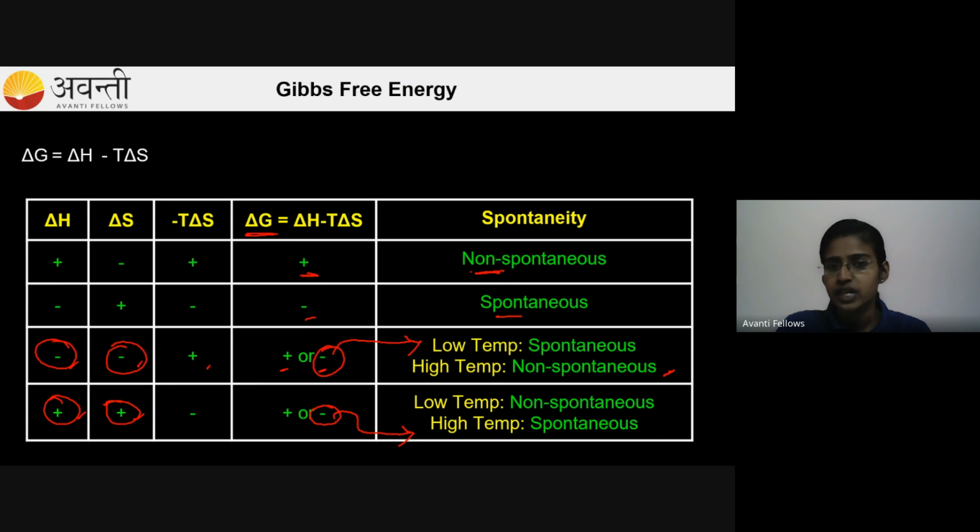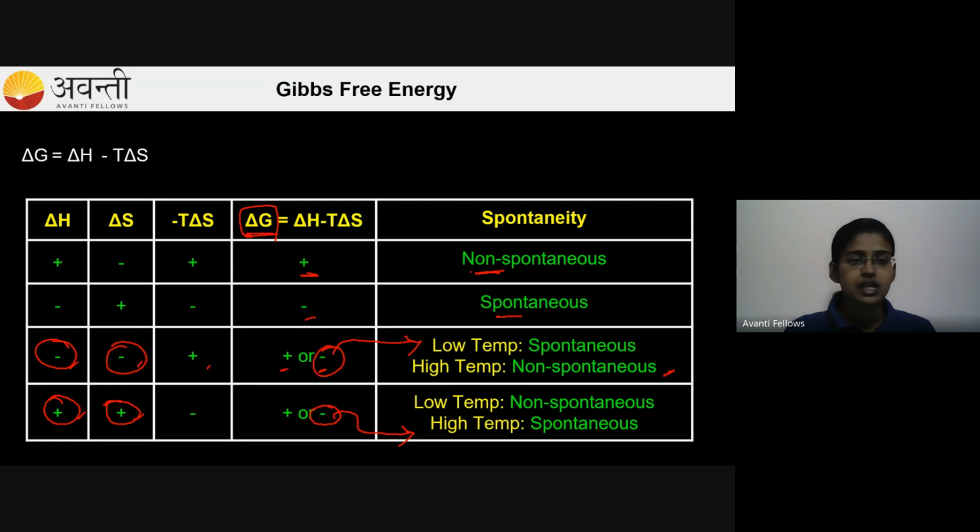For all spontaneous reactions, the delta G value should be negative. So this table you have to study. There is no other way. You should know when the reaction is spontaneous, when it is not spontaneous, and when it is zero. Okay, fine.